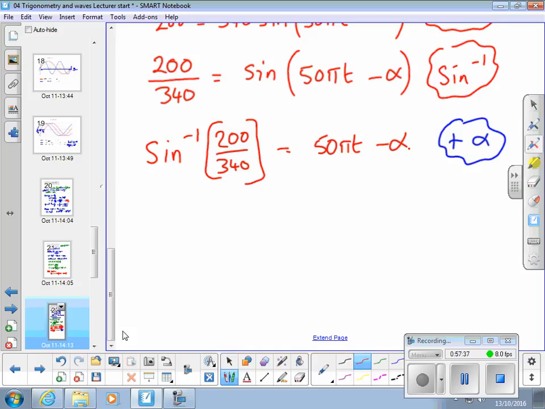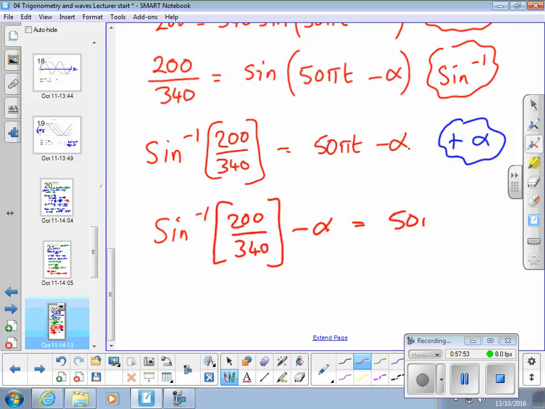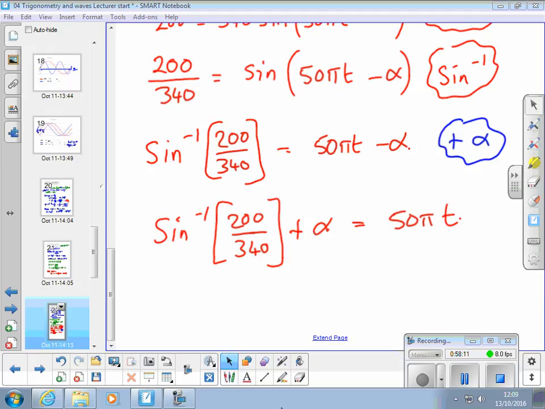So, sine to the minus 1 of 200 over 340 minus alpha is equal to 50 pi t, plus, sorry, adding. We're starting to get somewhere now. What can we do to this side to make it t on its own? We're going to divide by 50 pi.